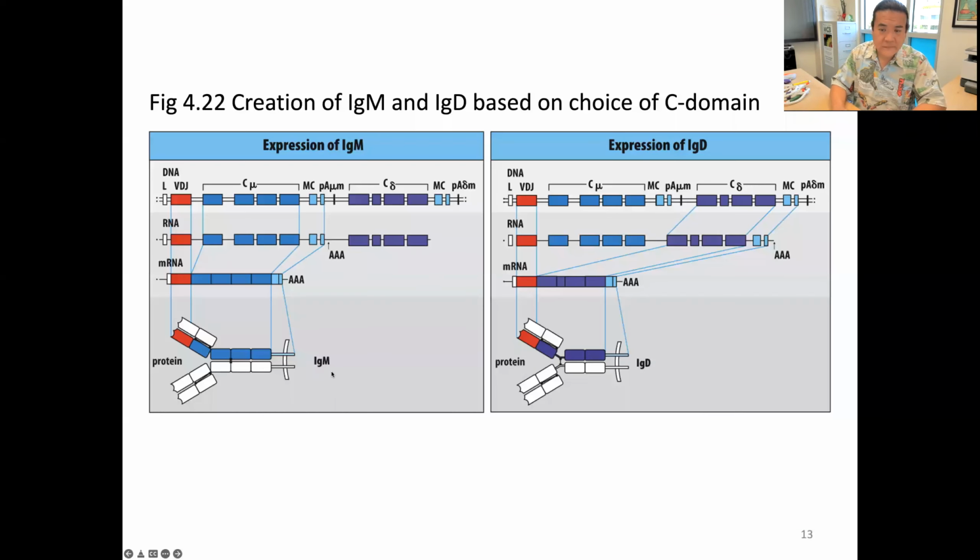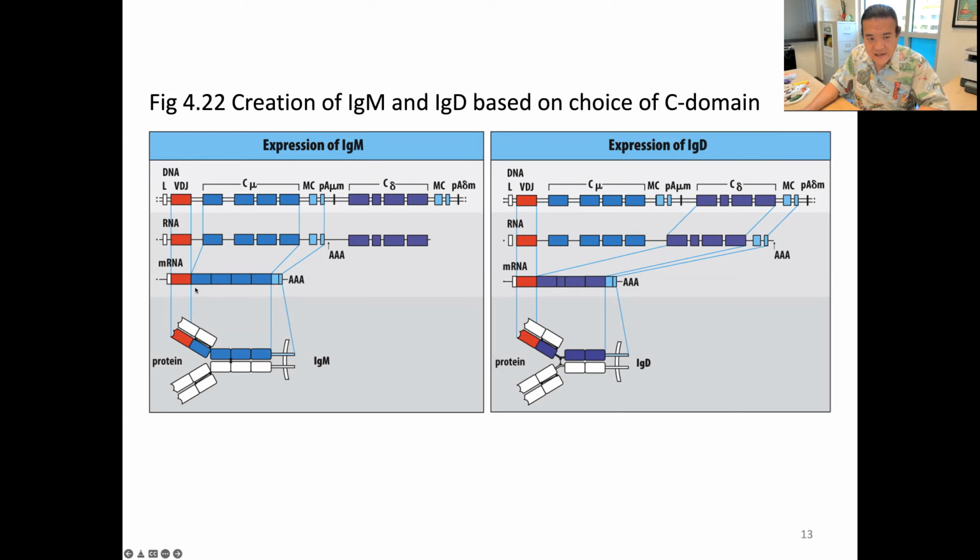All right, and this last slide just kind of sums that up. Because what we're showing you here is that once you make the VDJ block from the oven mitt, choosing the different colored regions of the rope and putting them together, you then choose either one of these different C mu regions.